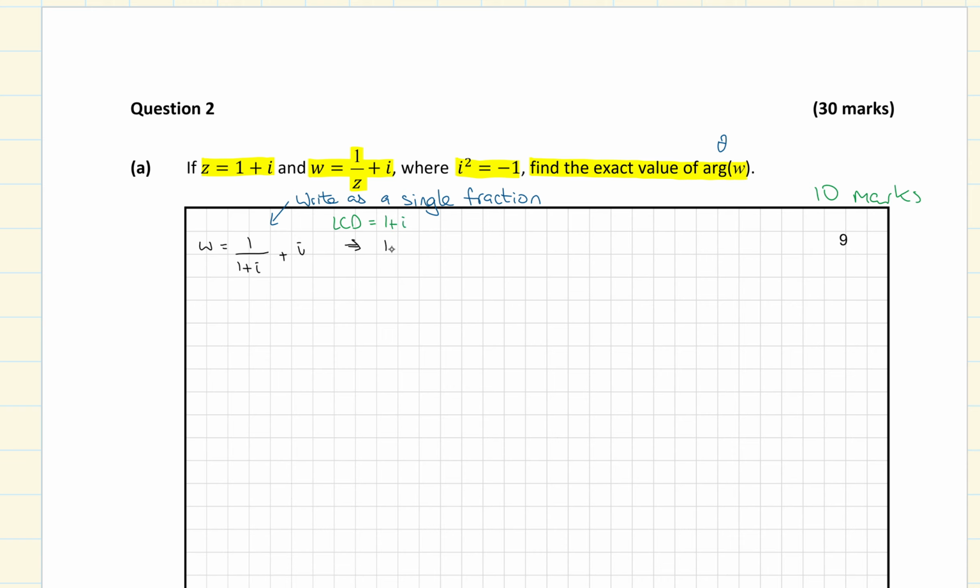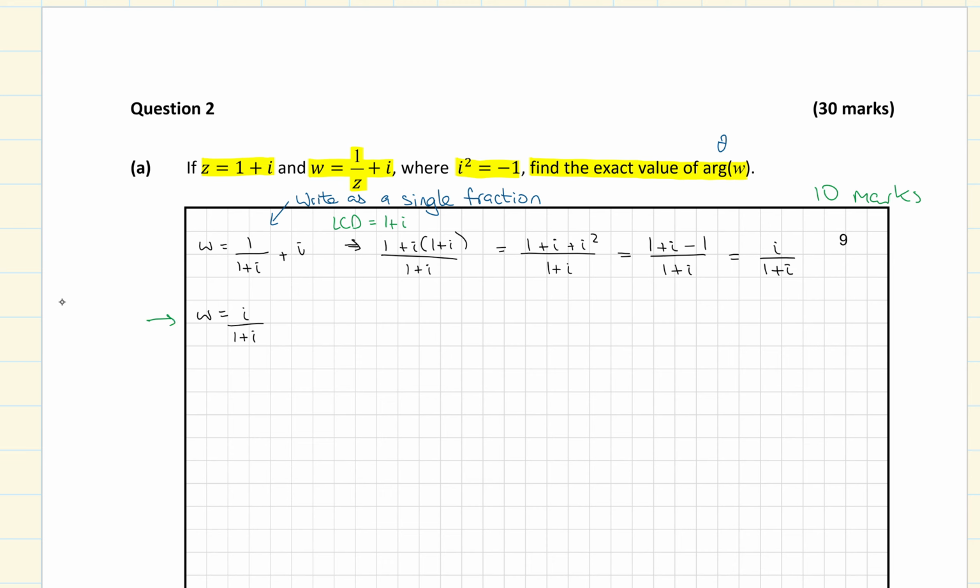So that'll give me 1 plus i times 1 plus i all over 1 plus i. Multiply at the top, you get 1 plus i squared over 1 plus i. Tidy up, i squared equals minus 1. So 1 plus i minus 1. 1 minus 1 is 0, so we get i over 1 plus i. So we have w equals i over 1 plus i.